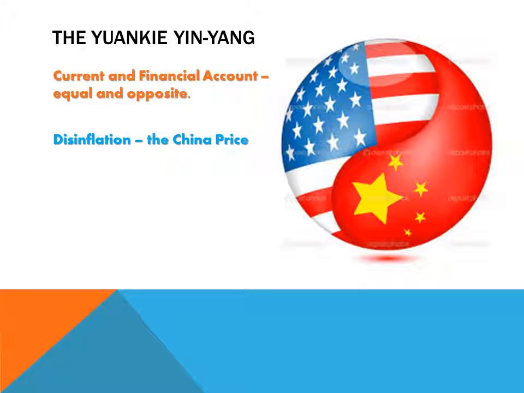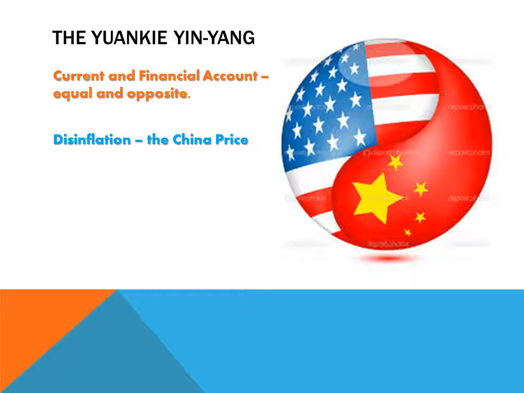So in what ways does this Yankee yin-yang relationship work? Well, one way is what I call the China price. The Chinese, over the last 20 years, have been producing loads and loads of cheap products, undercutting others, driving world prices down. And that means the consumer goods that the Americans and other big consuming countries have been buying have been at ever lower prices.